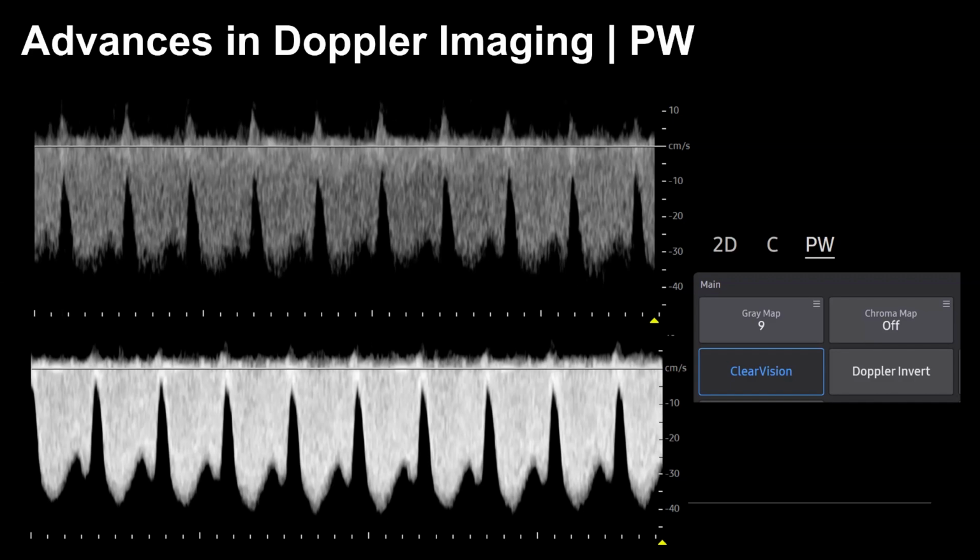I just want to show you that Clear Vision, a technology that eliminates noise and is actively used for the optimization of the 2D image, can also be applied to the optimization of the trace obtained at the PV flow. Here you can see the native image, and this is the application of Clear Vision. You can see how much stronger the signal gets and how defined the trace is, which is really helpful, especially if you're using the automatic trace technique, so that it's very precise and accurate.